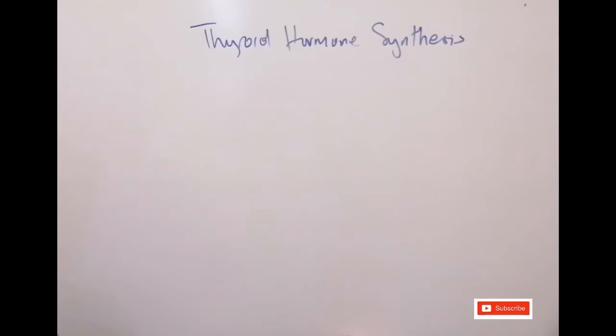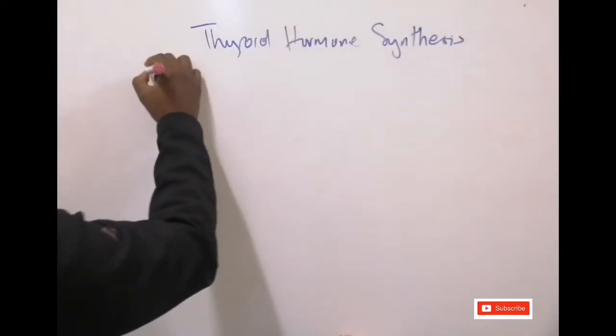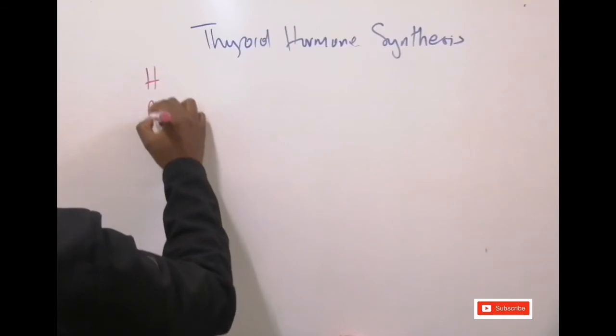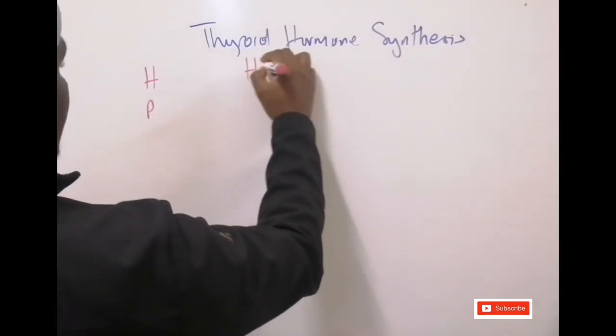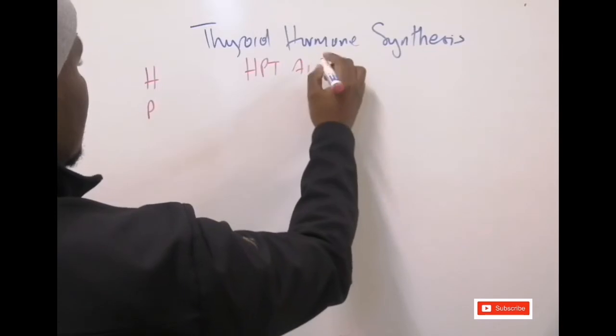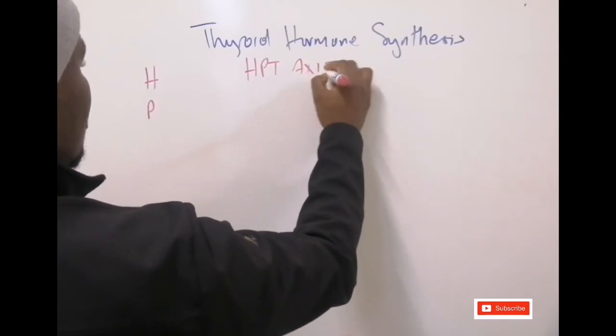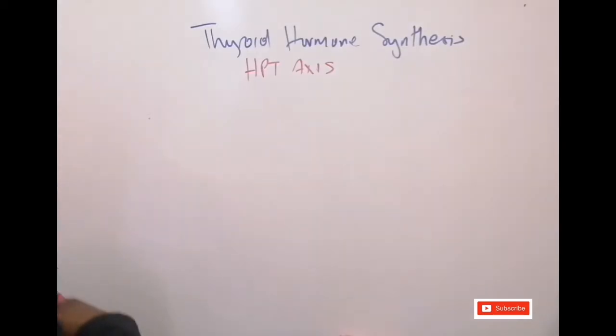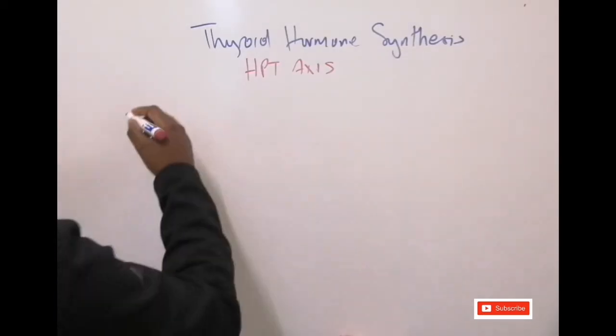So the thyroid gland is part of an axis. The axis is called the HPT axis. This axis is concerned with producing and regulating the release of thyroid hormones.